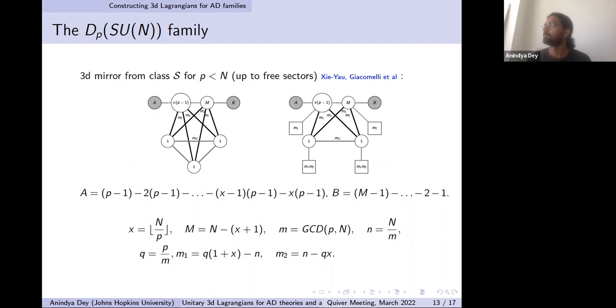One thing you can do is take an arbitrary linear quiver and an arbitrary complete graph and connect them with bifundamentals, where these are different, not M and M, but say M, N, and P. Then you have produced something that is not the class S 3D mirror of any known Argyres-Douglas theory.